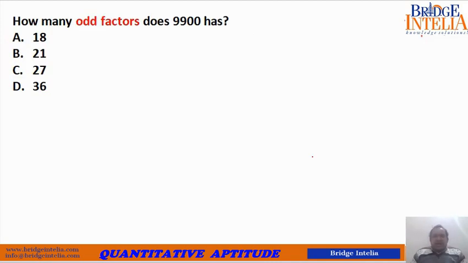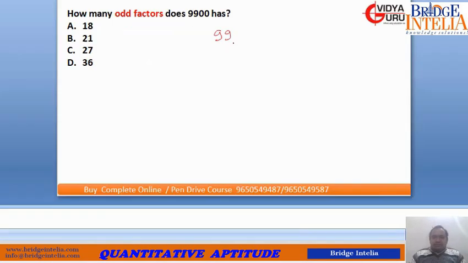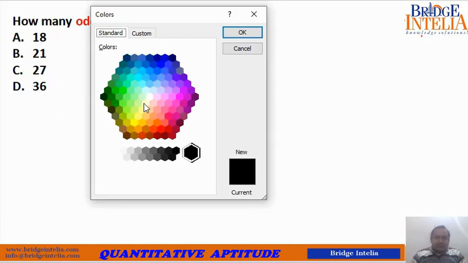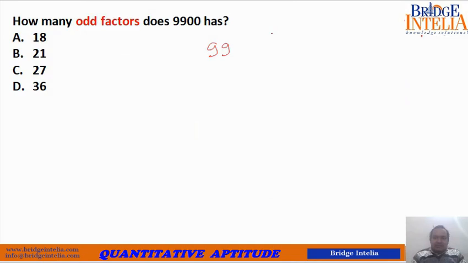The question is, how many odd factors does 9900 have? Before solving this, we need to prime factorize it. So 9900 can be written as 99 into 100, and 99 is 11 into 9, and 100 is 2 square into 5 square.